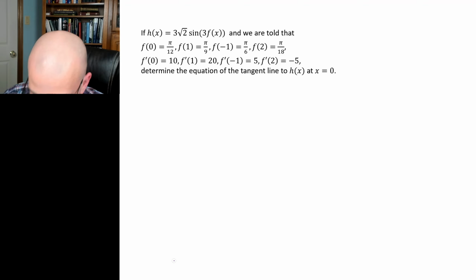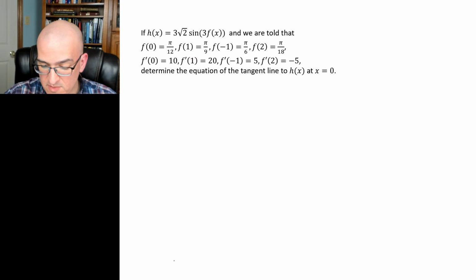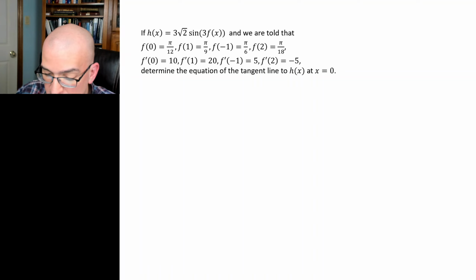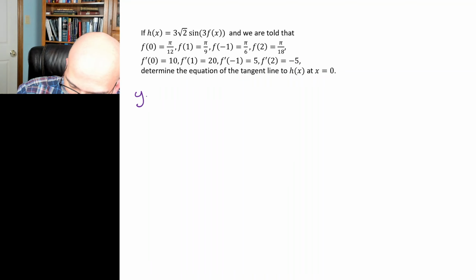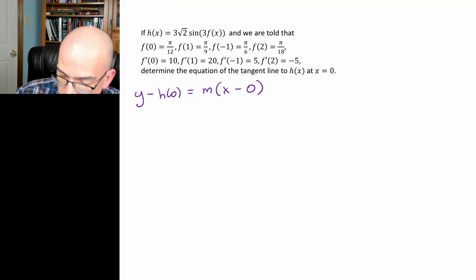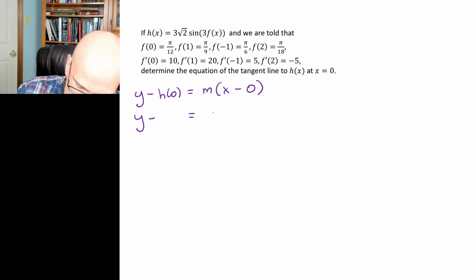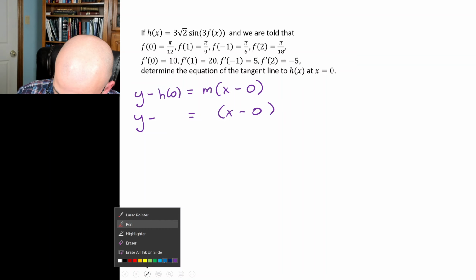Now we're given similar looking data to the last problem. We want to find the equation of the tangent line at x equals 0. So let's do the easy part. y minus h of 0 is equal to m times x minus 0, our x coordinate. All right, so let's do the first part.